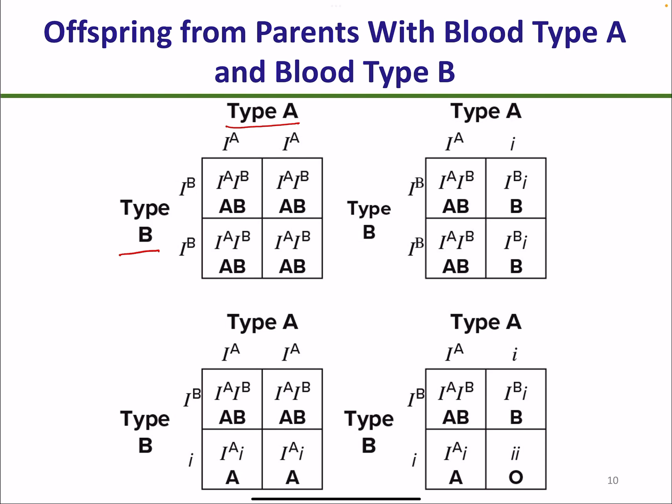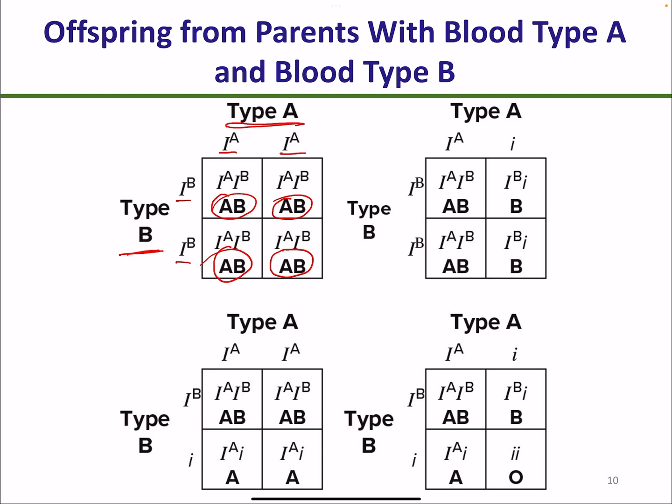Considering the two possibilities of genotype between A and B, in this case we are going to have capital IA, capital IA, capital IB, capital IB. So when we look at that, we see that all individuals are AB in this particular instance of a cross between type A and type B.